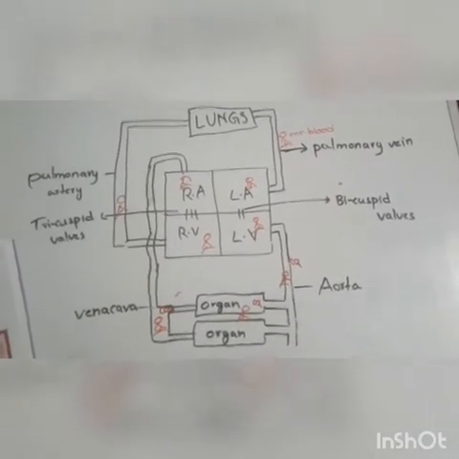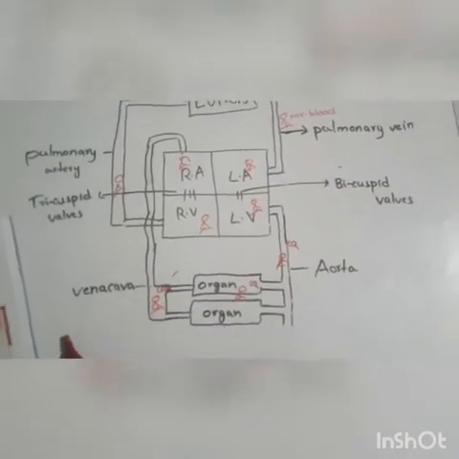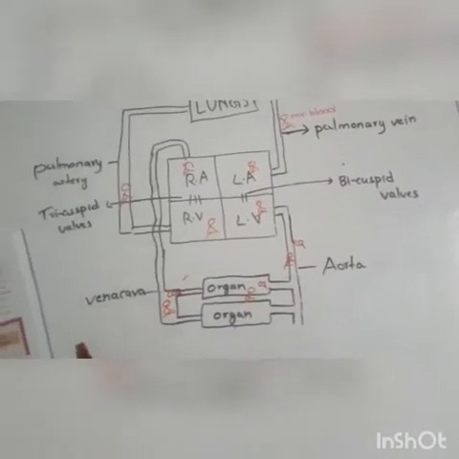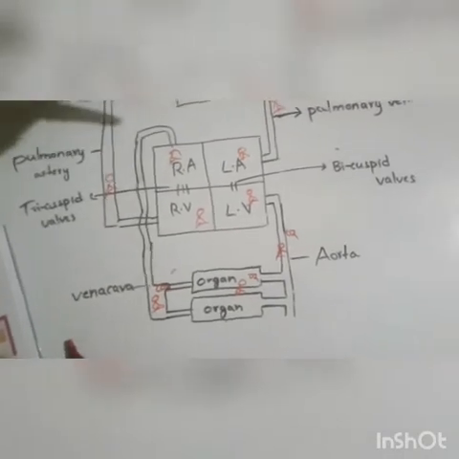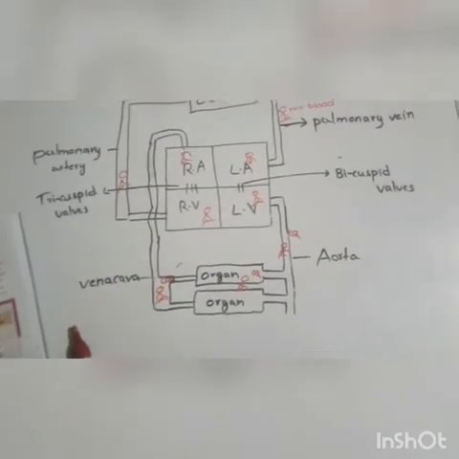Firstly, let us understand why it is called the double circulatory system. Because we observed very clearly that the blood enters the left atrium for the first time, and through the left ventricle it comes out of the heart to the organs.